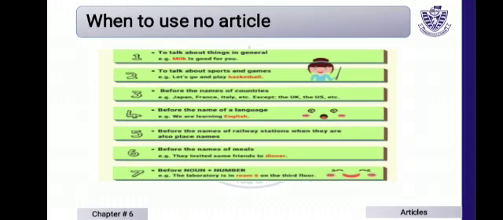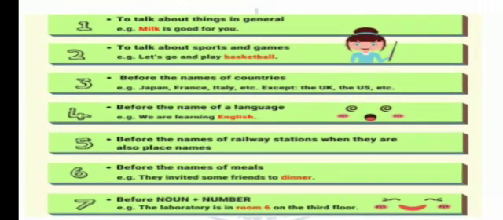Students, when do we use no article? To talk about things in general. When we talk about things in general, like milk is good for you, we will not use the here. To talk about sports and games like basketball, cricket, and before the names of countries like Japan, India, Pakistan, but we use the with the UK and the US.